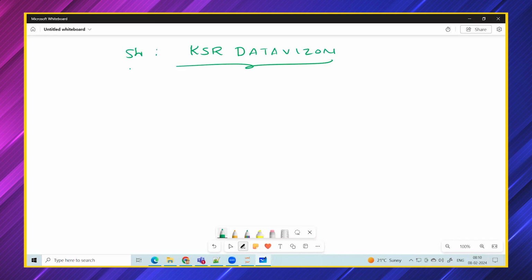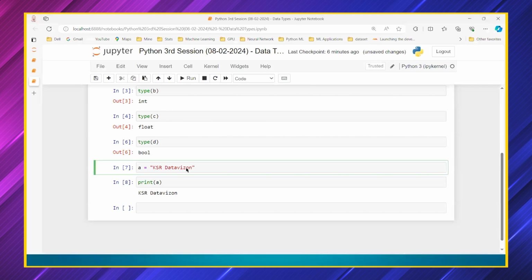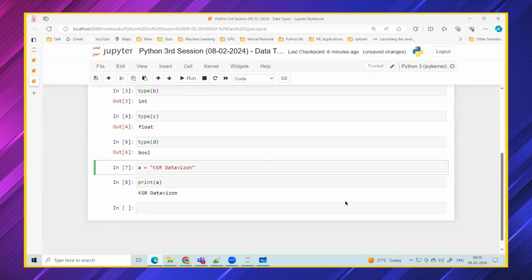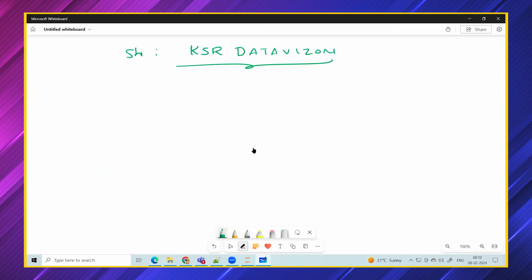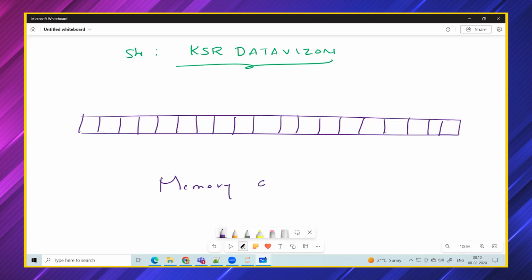The moment I assign KSR Data Vision equal to A, usually what happens is, in the backend, a memory allocation will be created.